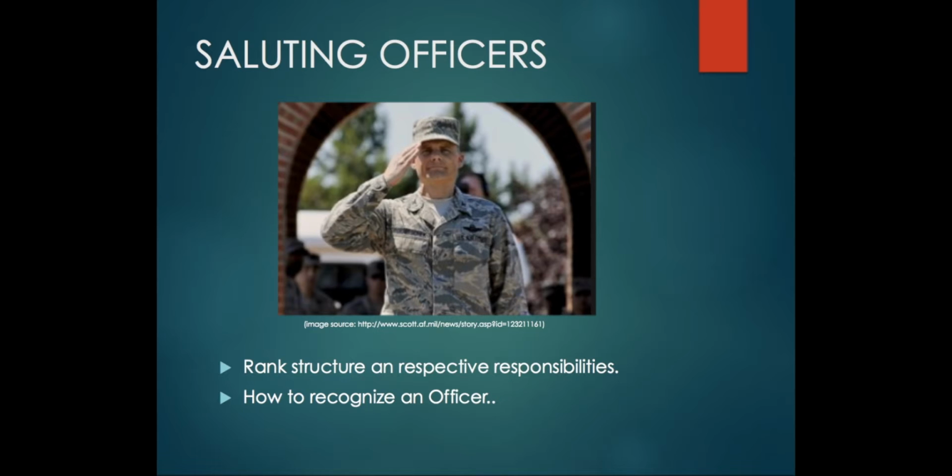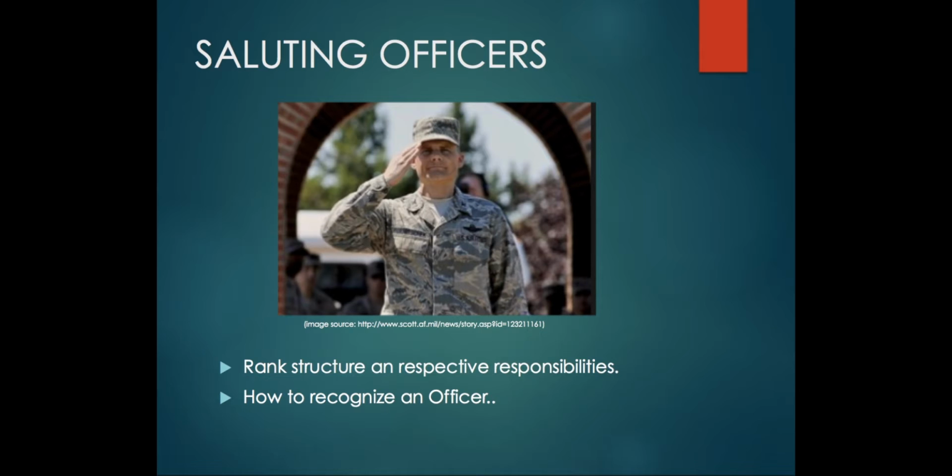That just means that we all know the rank structure, or else we wouldn't have graduated basic training, and that any officer, if you are enlisted and watching this, you are required to salute any officer. Any other officer, for your information, is required to salute any officer that outranks him or her. So, for example, a lieutenant would have to salute a captain if they're walking by, and so on.